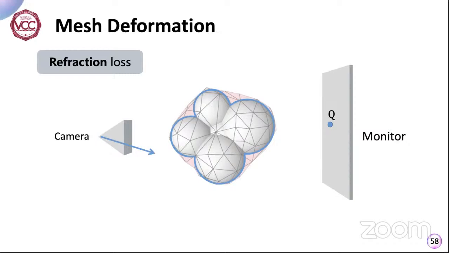It constrains the reconstructed mesh to reflect the background in a manner consistent with the environment mapping.